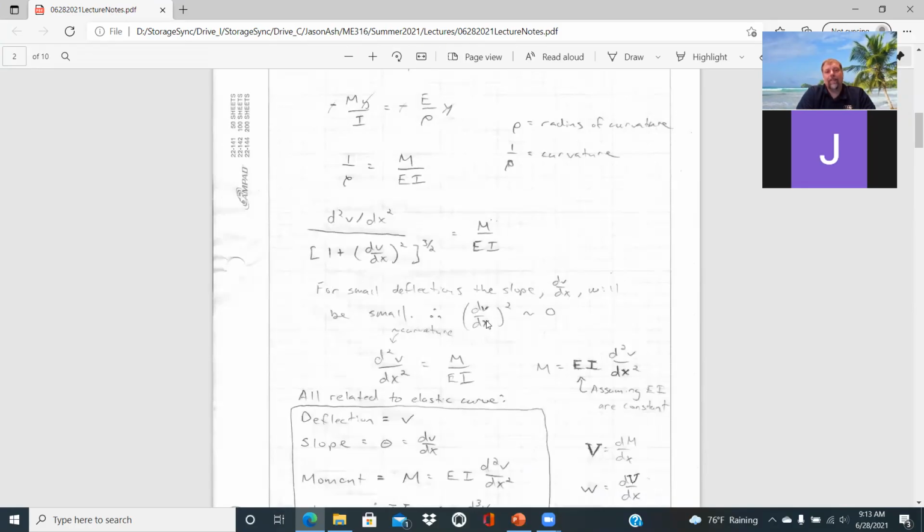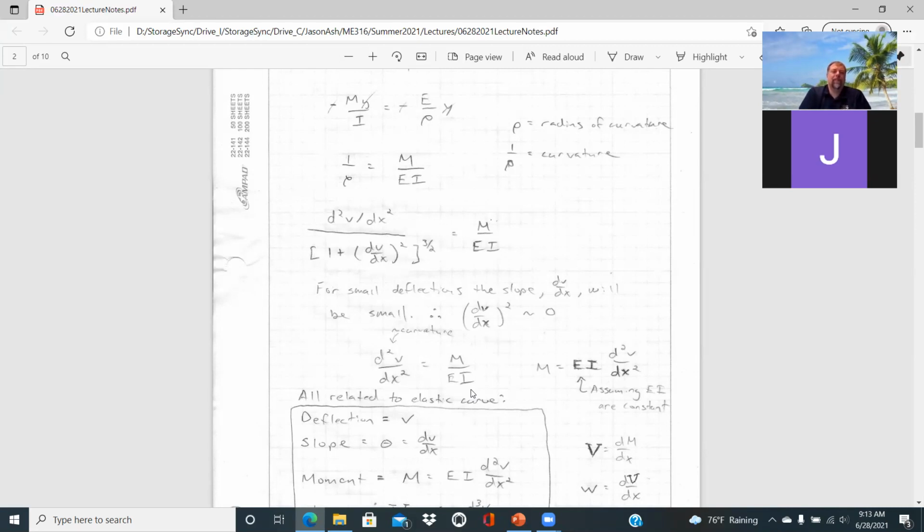And so the square of a really small number is approximately 0. And so this term inside here, dv dx squared, will be approximately 0. So you're left with 1 to the 3/2 power. 1 to any power is still 1. So we're then left with d squared v dx squared is equal to M over EI.